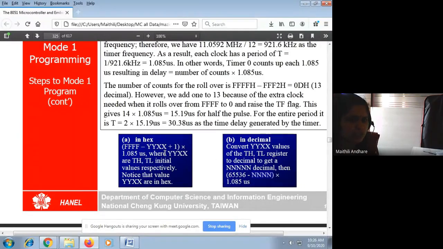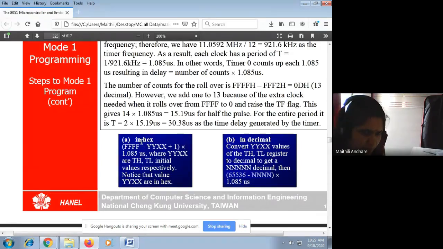The formula for hex is (FFFF minus YYXX plus 1) into 1.085 microsecond. And in decimal, (65536 minus n) into 1.085 microsecond. Here n is just the naming convention, nothing different: the same YYXX value, that is the TH and TL value.